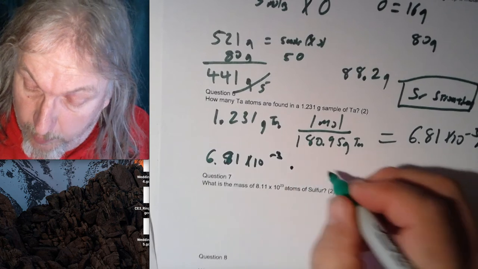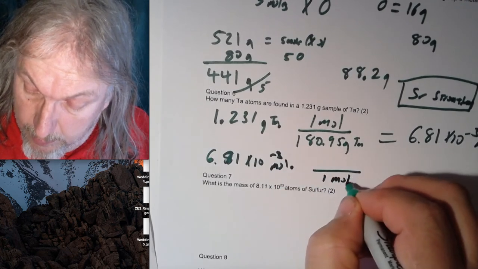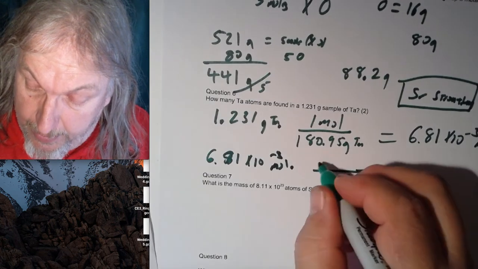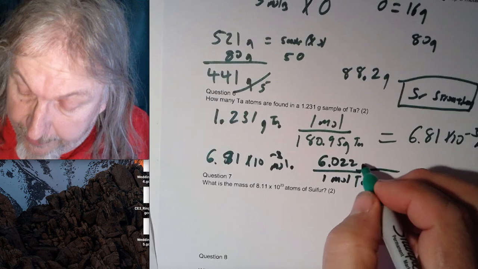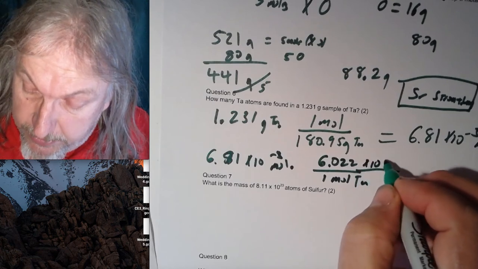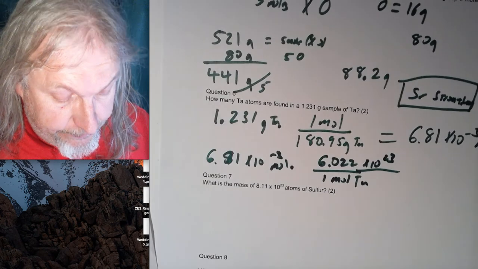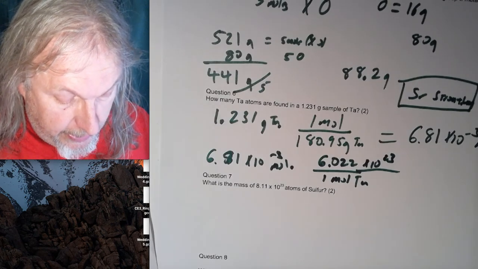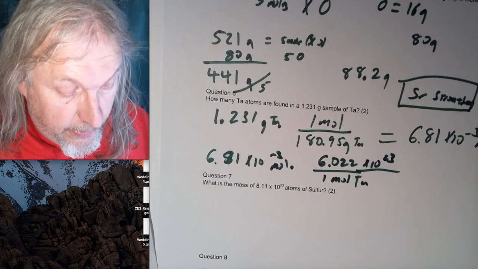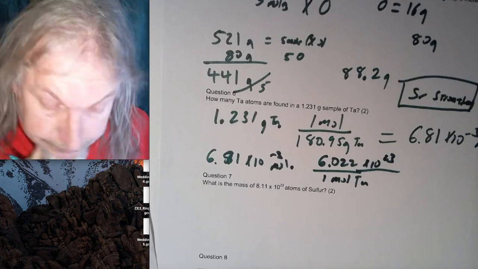I know that 1 mole of anything, we're going to say tantalum, has the number of atoms, it's looking for atoms, of 6.022 times 10 to the 23rd. So if I take that and multiply by 6.022 times 10 to the 23rd, I should get my answer.